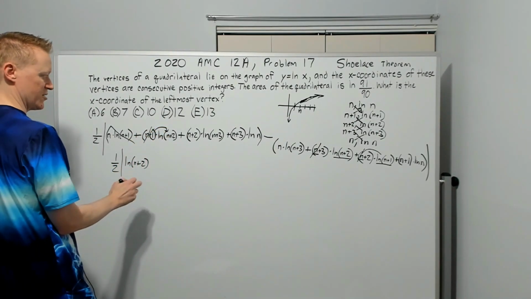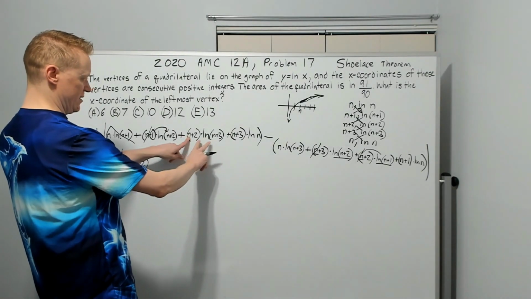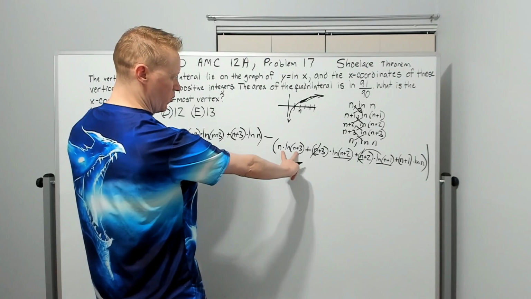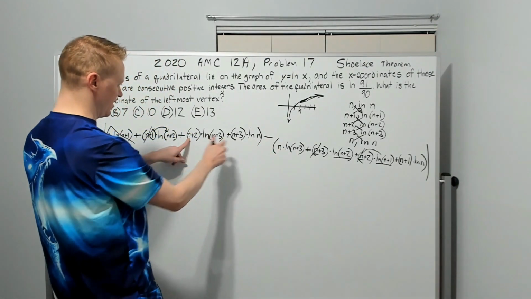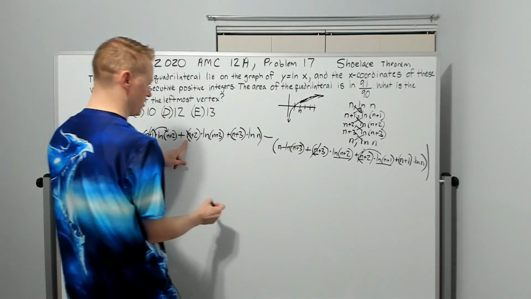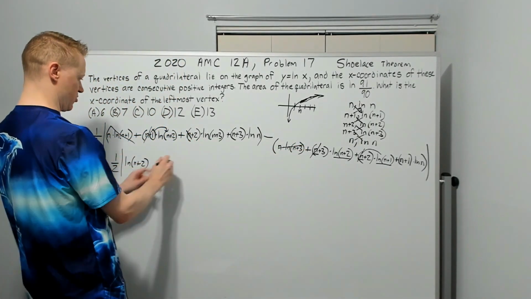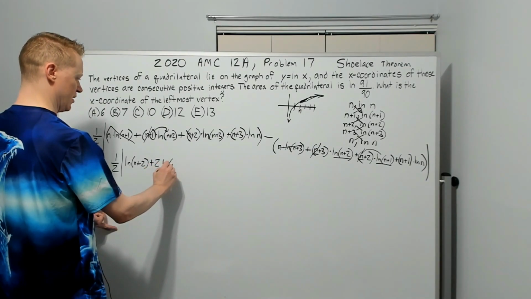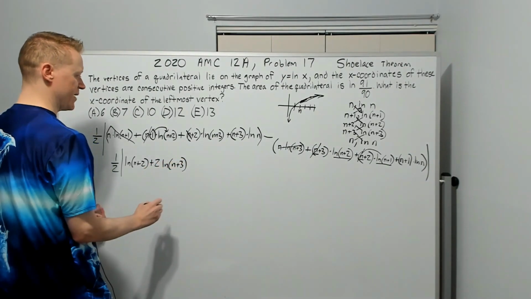The n got canceled. Now we're going to do the n, just the n only, times the natural log of n plus 3, and I've got one of those here. It's got the minus out front. This n, when it distributes, will cancel this whole term. But the 2 times natural log of 3 is left. So 2 natural log of n plus 3 remains.